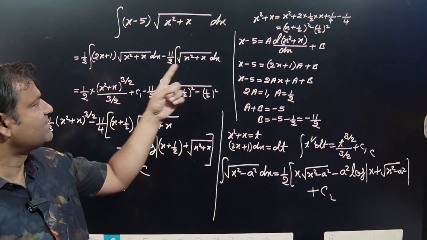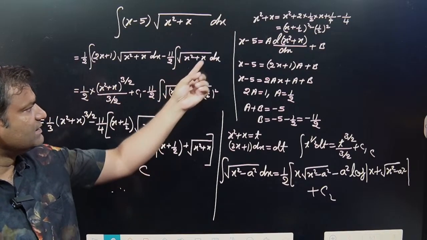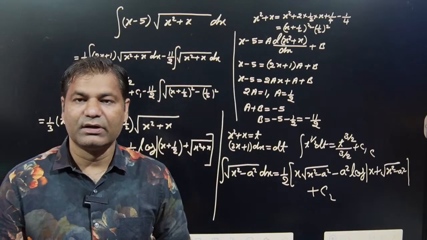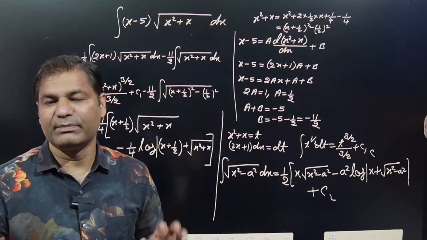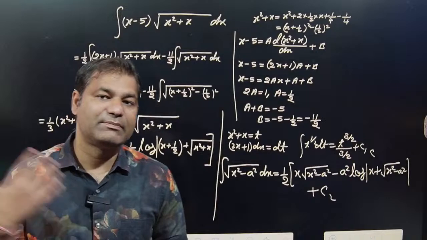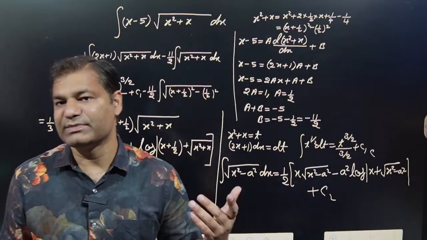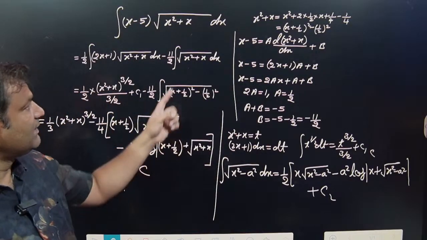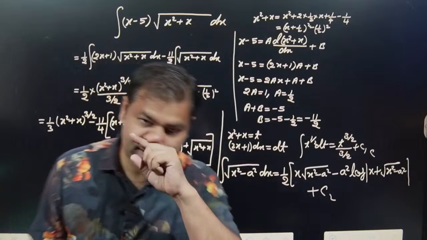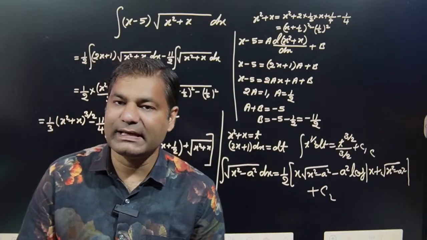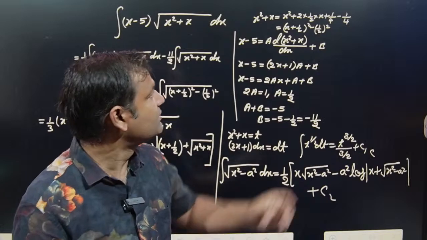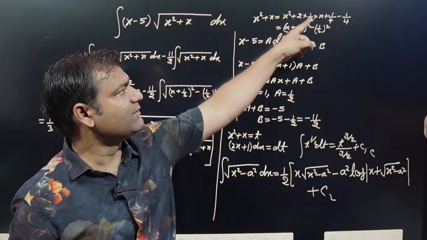After that, how can we integrate this? We make this a perfect square. Here x square plus x. I want to make this a perfect square, meaning a minus b whole square or a plus b whole square. But here x square plus x, our motto is how to make a perfect square like a plus b whole square. So that's why we multiply by 2 and divide by 2.